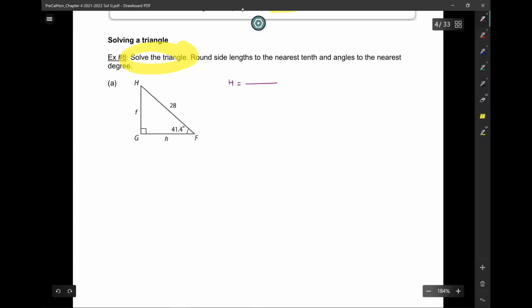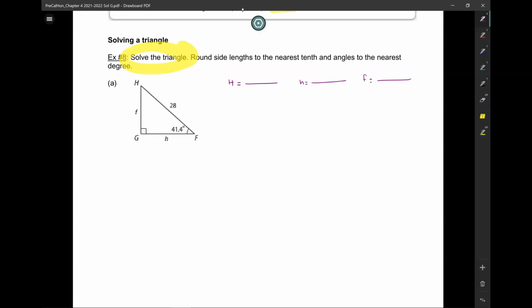Capital H is missing. That's the angle. And remember from geometry, angles are in capital letters, and their opposite sides are given the same name but in lowercase. So capital H, capital G, little g. So little h is also missing and little f is also missing.